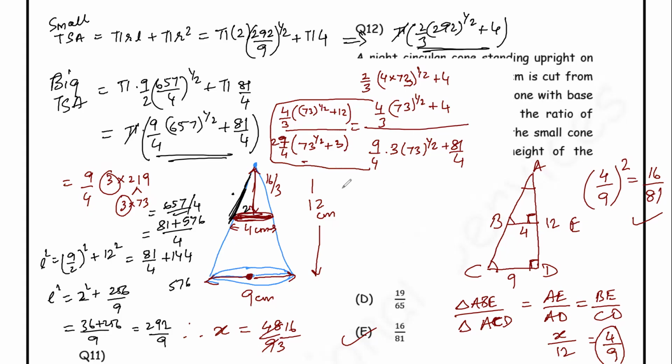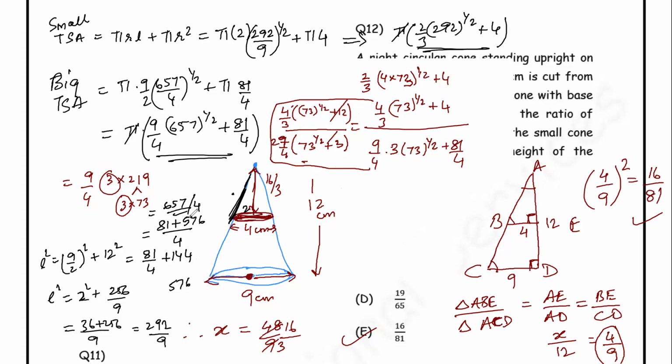Okay. So that's what I'm getting. So as you can see, this 16 by 81 I'm getting, and these two actually cancel out. So some calculation error, but I'm getting very close to it. Some calculation error I must have made.